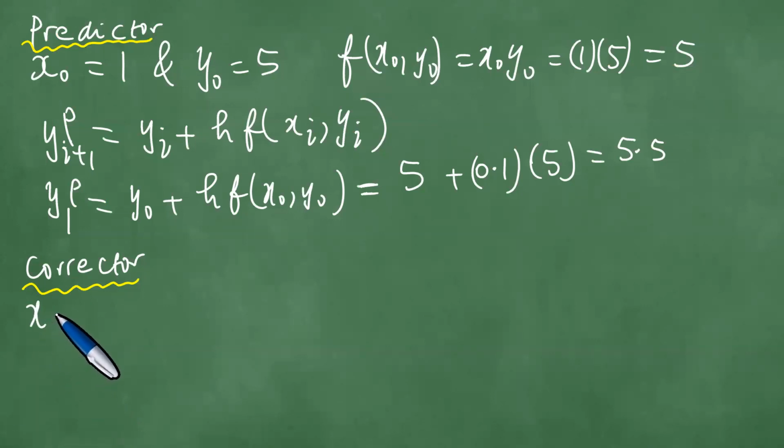So now we come here and say we're interested in x1. What is x1? Because x0 is 1 and h is 0.1, you add here, so it's going to be 1.1. Then we do the same thing like here.